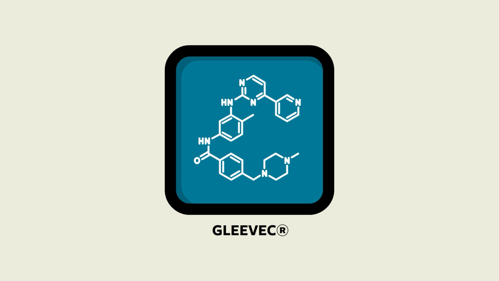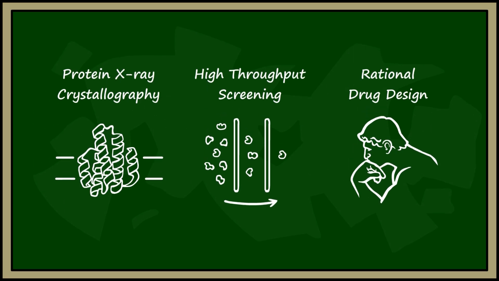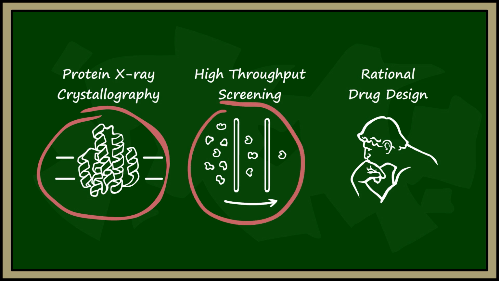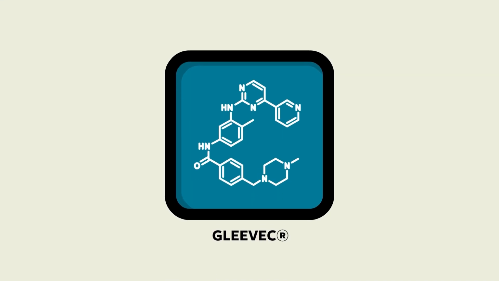That drug was developed in the 1990s by utilizing a number of the newly available research technologies to guide synthesis of multiple prospective drugs, screen many new compounds for promising leads, and then optimize the activity of a lead compound using rational drug design methods. That pioneering targeted drug achieved unprecedented efficacy against its specific targeted cancer in its clinical trials, and Gleevec was approved by the FDA in 2001.